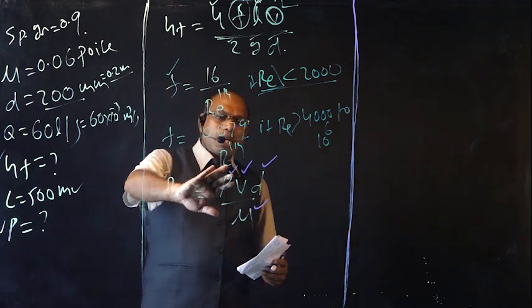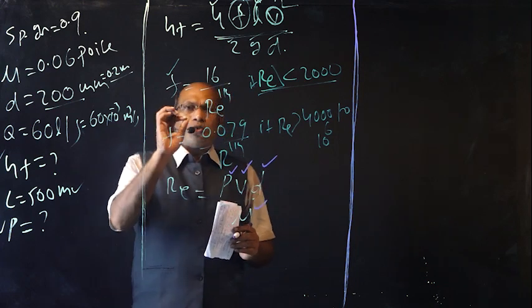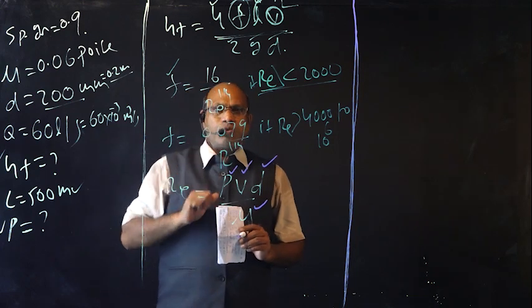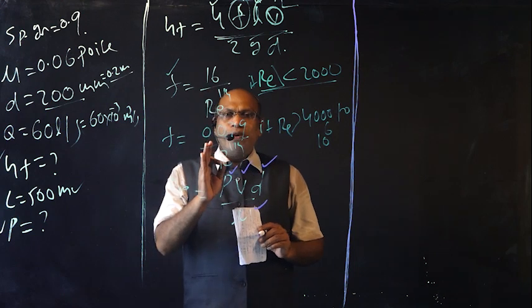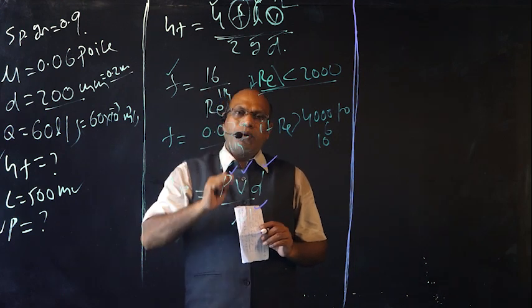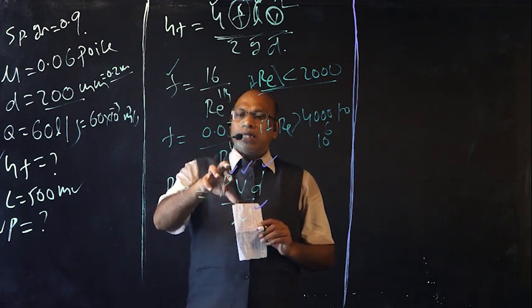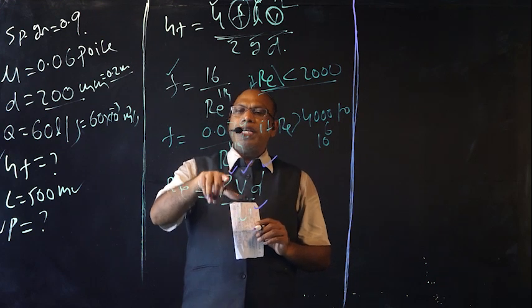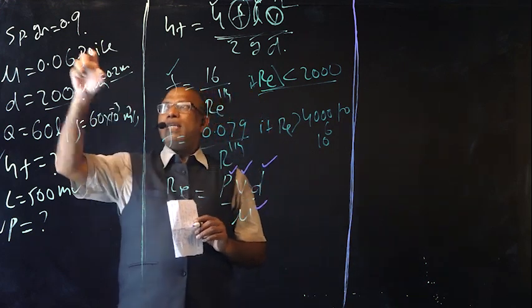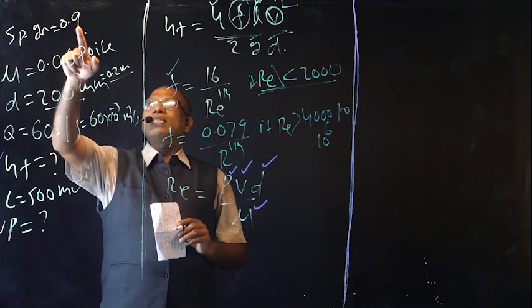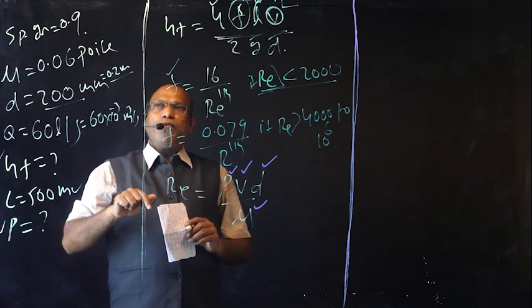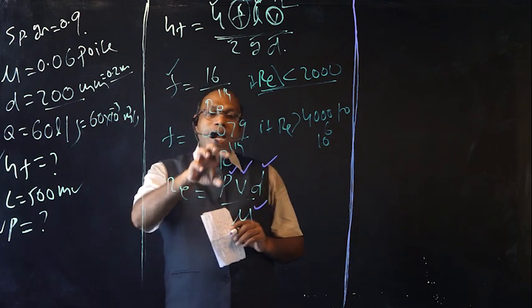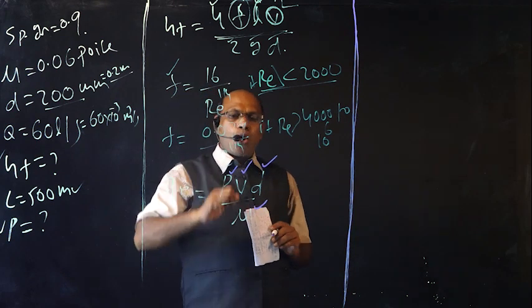But the density of the fluid, if the fluid is water, is equal to 1000 kg per meter cube. But here in this problem, the fluid is not water, the fluid has a specific gravity of 0.9. Therefore, first we are going to determine the density of the fluid, rho.